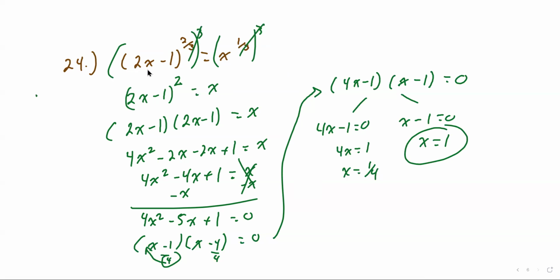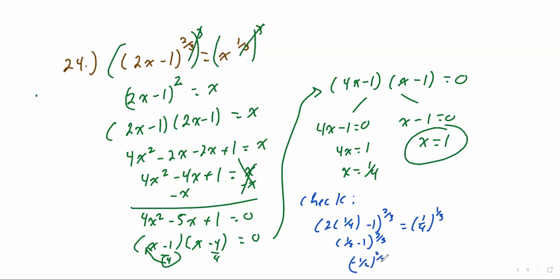1/2 minus, oh, we might have to write this one out. So let's check it. So we get 2 times 1/4 minus 1 to the 2/3 equals 1/4 raised to the 1/3. So I'd give you 1/2 minus 1, and then that'd give you negative 1/2 to the 2/3. To rewrite that, this is going to be the exponent and this is the index.